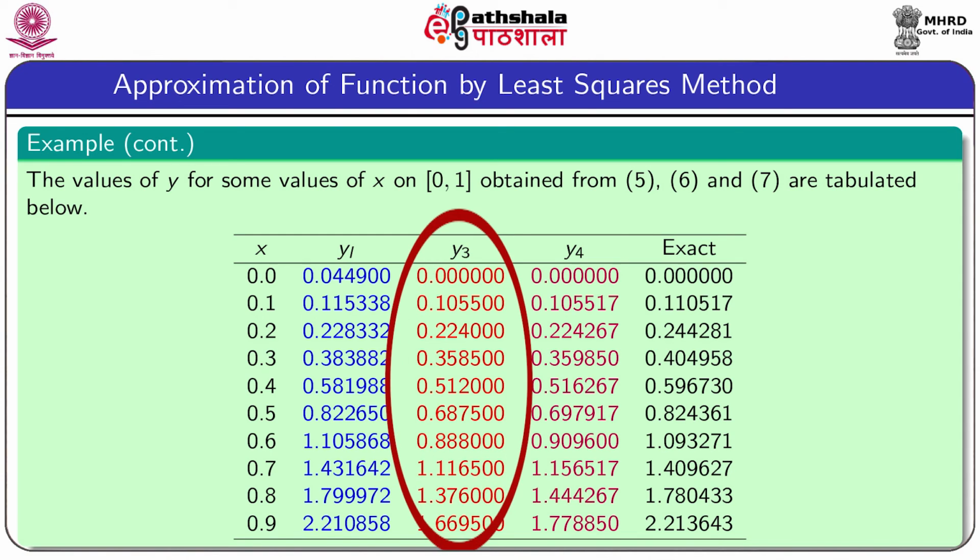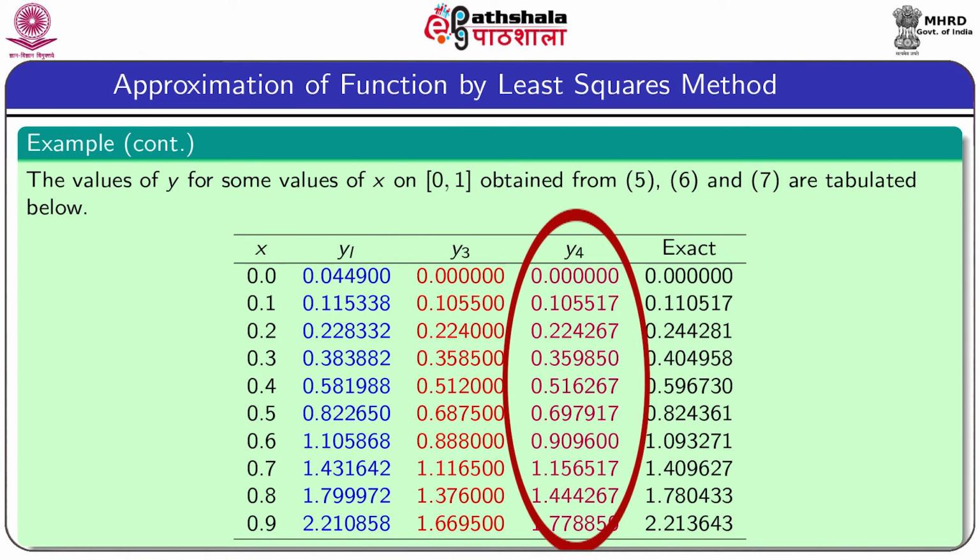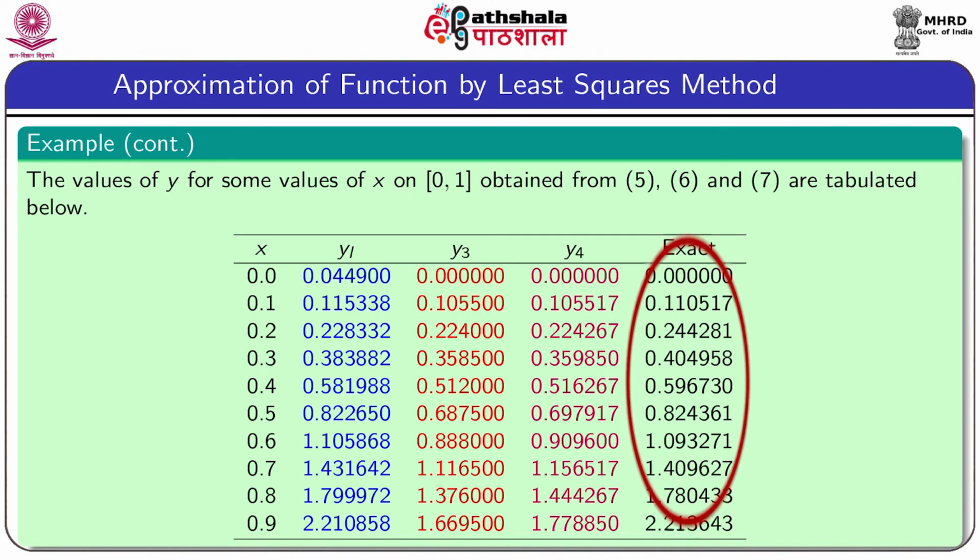The third column represents the value of y3 obtained from the Taylor series expansion up to the third degree polynomial. The fourth column represents the value of y4, which is also the Taylor approximation up to fourth degree terms, and the last column represents the exact value of the function x e^x.